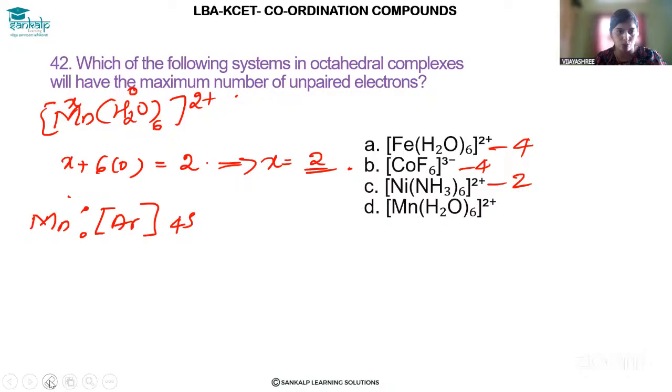Argon 4s2, then 3d5. Correct, right? 25. Correct. Okay. Now the oxidation state of Mn is +2.